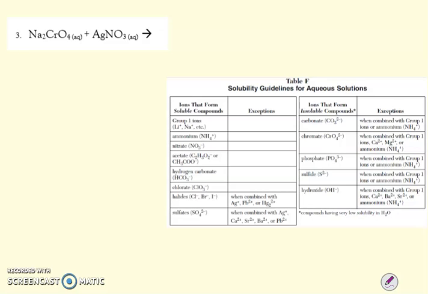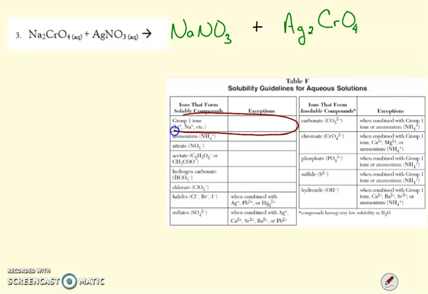If we do our double replacement reaction, we will get sodium nitrate and silver chromate. So again, we have to look on Table F and see what it says. Table F says anything with a group 1 is going to be soluble. Excuse me, anything with a nitrate is going to be soluble. So therefore, this is soluble. That is going to form an aqueous solution.